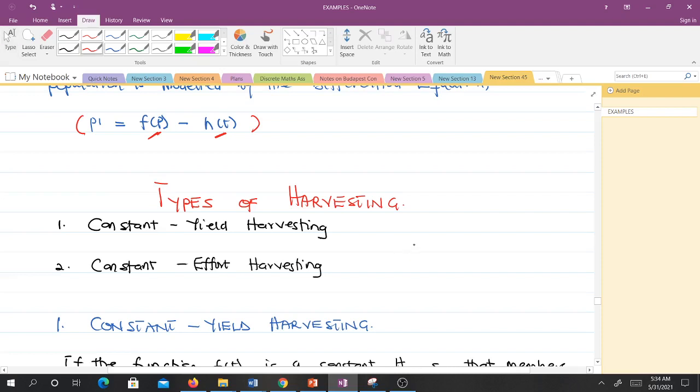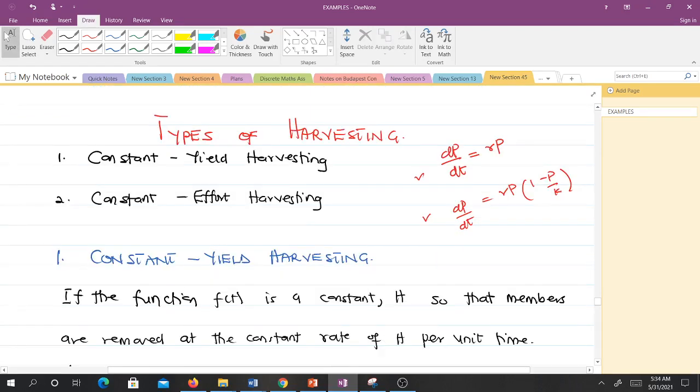So far we've talked about two models for predicting the size of the population. We talked about the Malthusian growth model, which was of this form. Then we talked about the logistic growth model, which was of this form.